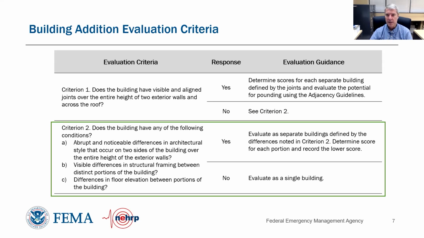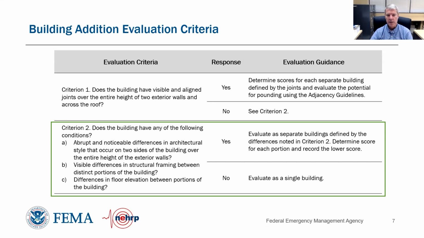Criterion 2 is a 3-step process. Part A says, do I have any abrupt or noticeable differences in the architectural style between the 2 buildings adjacent to each other? Similar to what I was talking about for criterion 1, I can tell that difference is just due to the architectural cladding between the 2. One is brick and one looks like concrete, for instance.